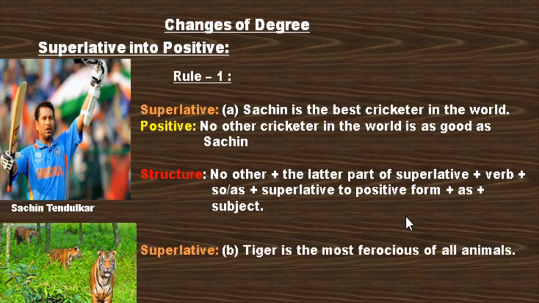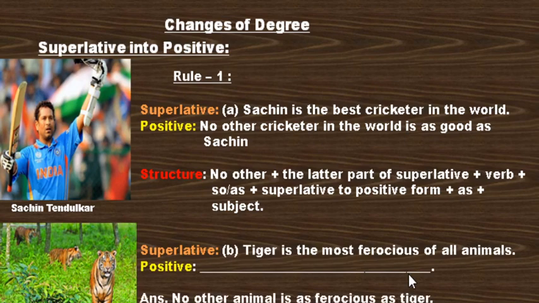Next picture, tiger. The tiger is the most ferocious of all animals. So how will you change it? Here you have to use the same structure, from superlative to positive. At first you have to put no other. Then after most ferocious you have to use animal.